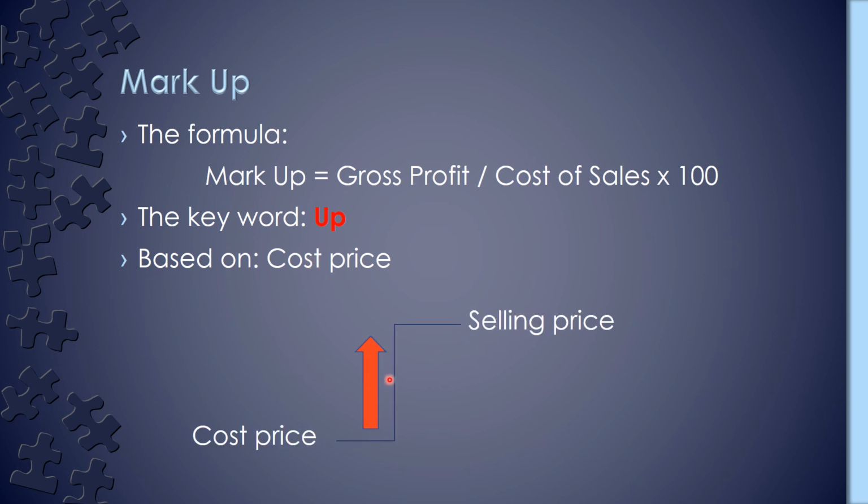Here's a little diagram: when you price a product, you're going to go up to the selling price. So I always think about selling price and cost price and the difference between the 2, because you need to step up. So markup is based on the cost price because you step up to the selling price.